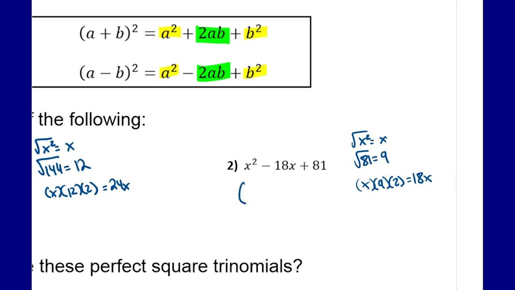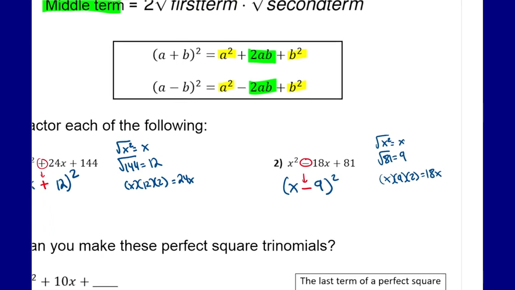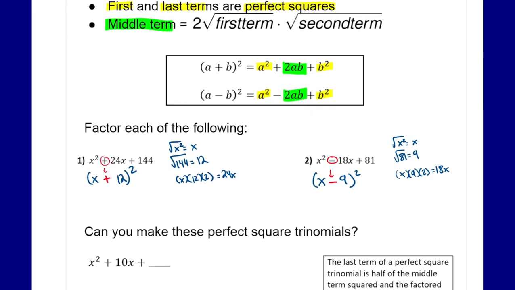So we get 18x. I'm not too concerned about the negative. The negative is going to tell me what the sign is. So the square root of the first term, square root of the last term, and the negative becomes the sign in our factored form. So that's a quick overview of factoring perfect square trinomials.